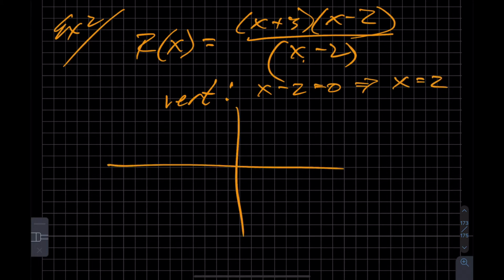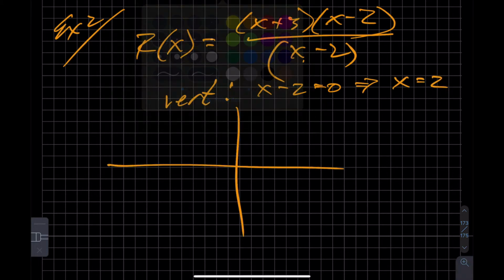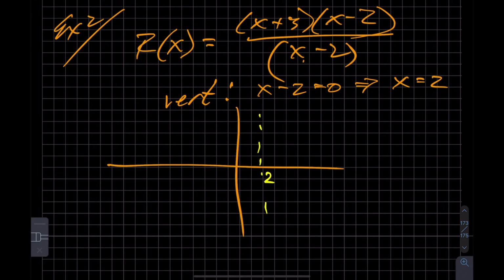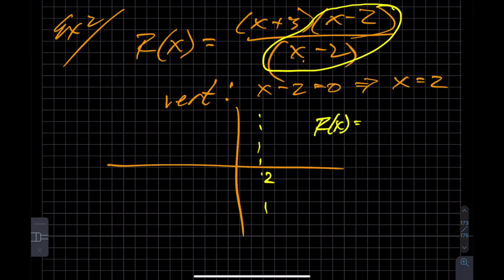So I have this vertical asymptote at x equals 2. But what's happening here, if you look closely, is I have this in factored form. Typically, you wouldn't see that. You would see R of x is equal to x squared plus x minus 6 over x minus 2. So it wouldn't be so obvious to you. I made it obvious because I want you to see it.